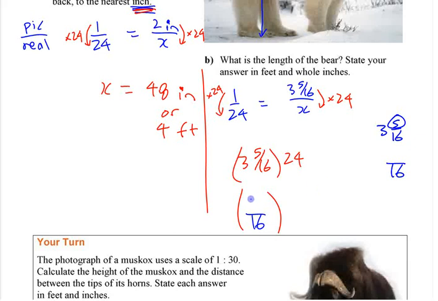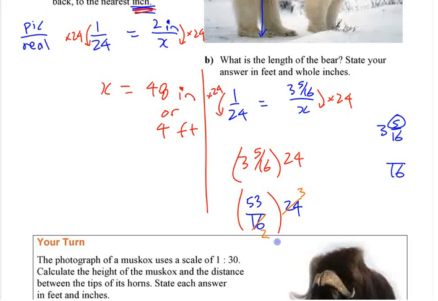So 53. If you multiply that, on your calculator you can go 53 times 24 divided by 16. Or you can cancel some things first if you want. If you realize these both divide by 8, you could make that a 3 and that a 2, and then your numbers are a lot smaller, right? And you could say that this is 159 divided by 2.